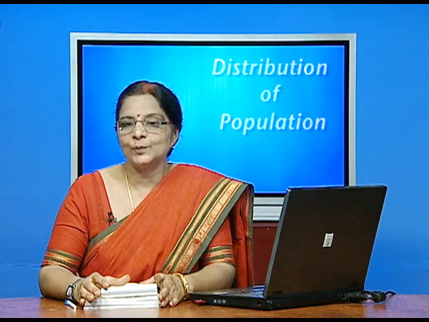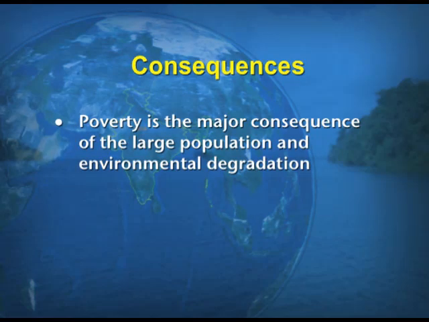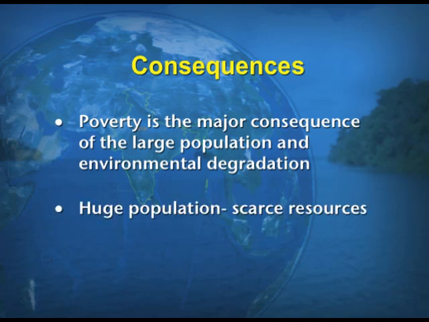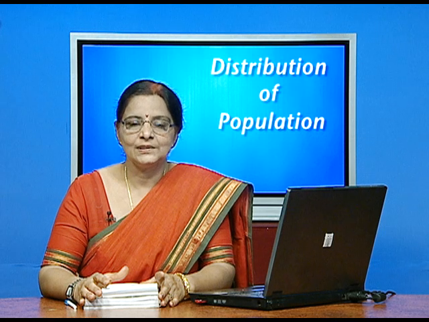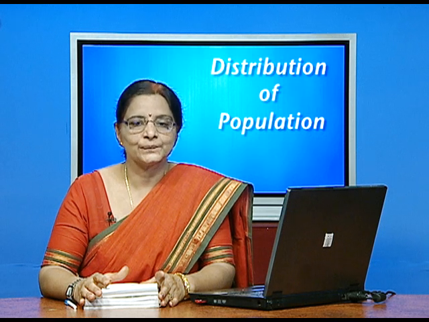Number 1, poverty is the major consequence of the large population, followed by environmental degradation. And the huge population of India results in the scarcity of resources, because the number of people who have to consume is very large.